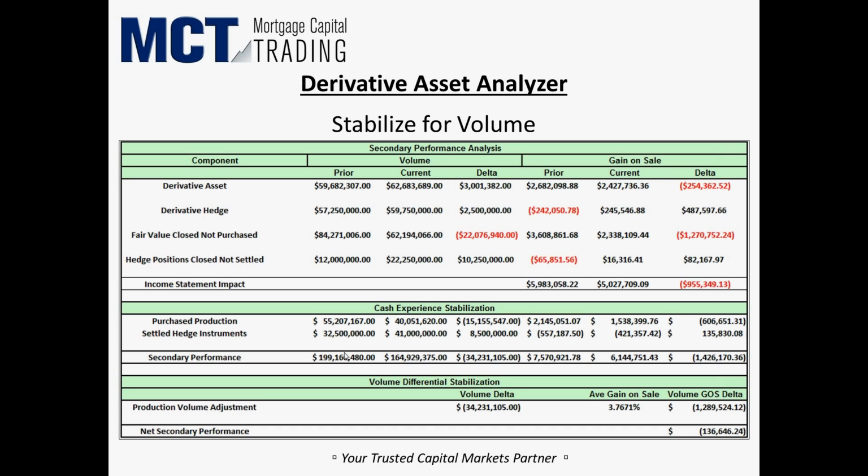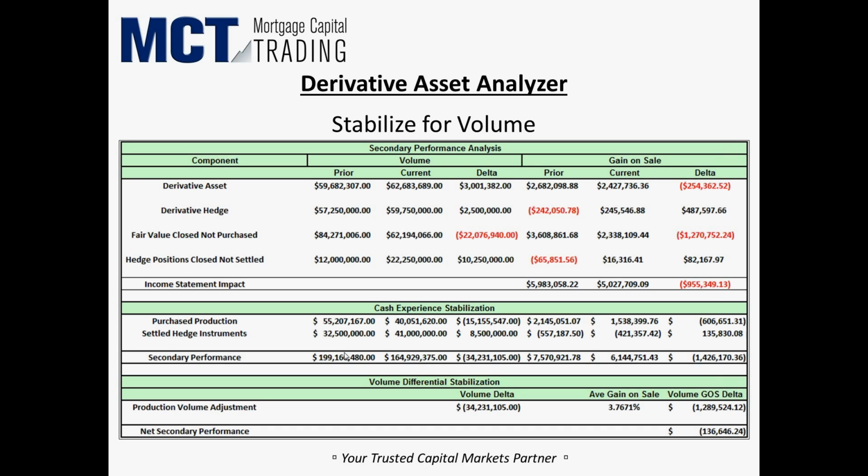So if you think of it this way, if we're dropping 34.2 million out of an analysis that was making 376 basis points, based on the volume reduction you would expect a $1.2 million drop in gain on sale.